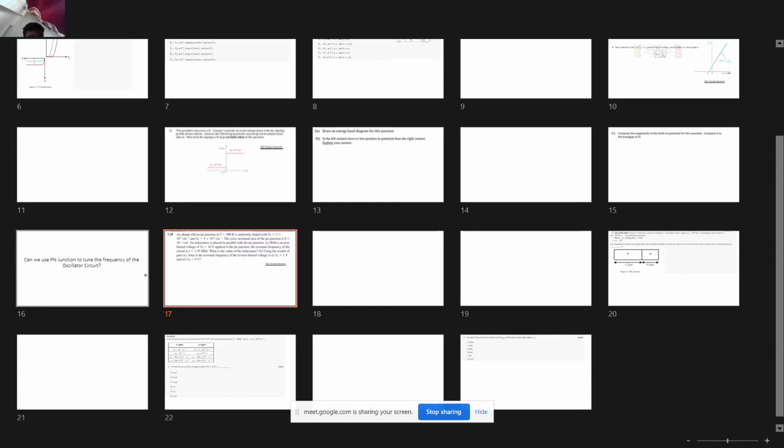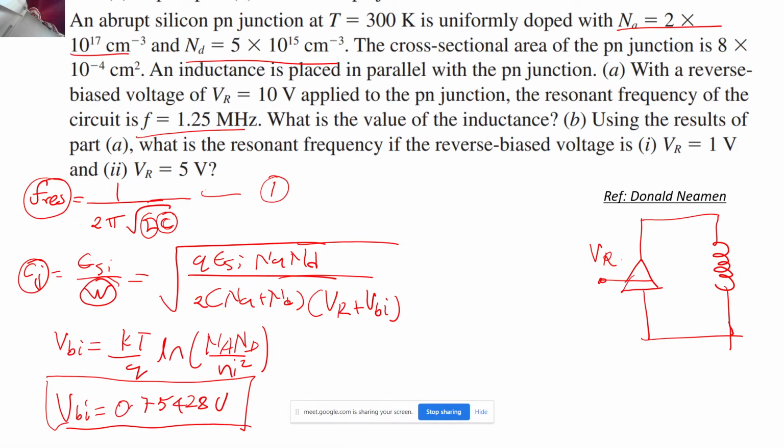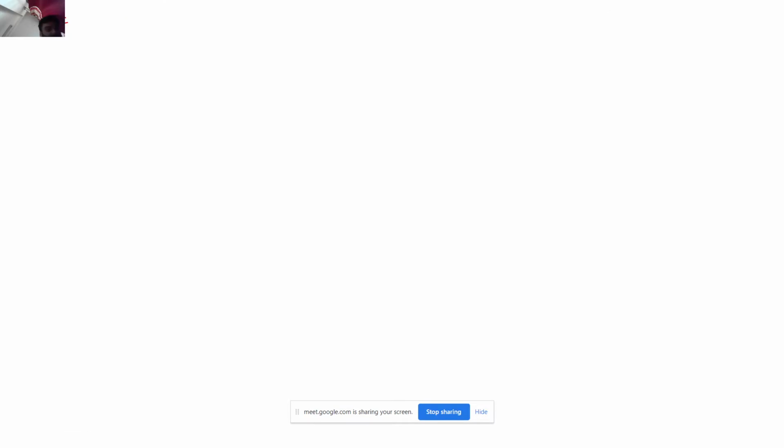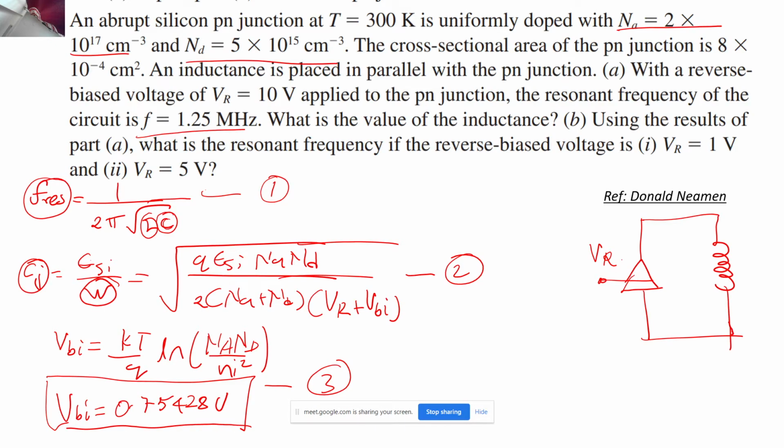Now what we have to do is substitute this value of VBI in this equation. So I will note down this equation number 2, and this is equation number 3. So let's use the formula for Cj. We will start putting the values. I'm just taking the square on the left hand side of equation number 2, so the square root will be gone now. So I am just substituting the values.